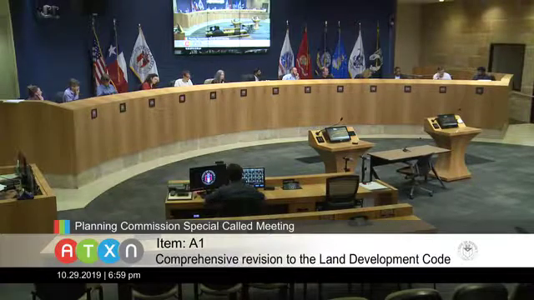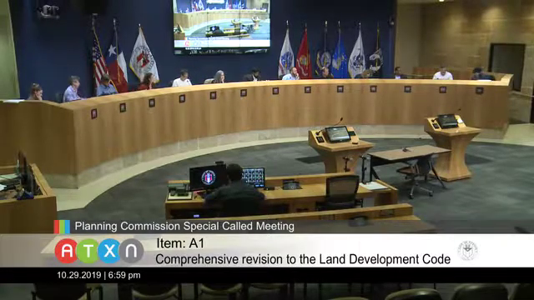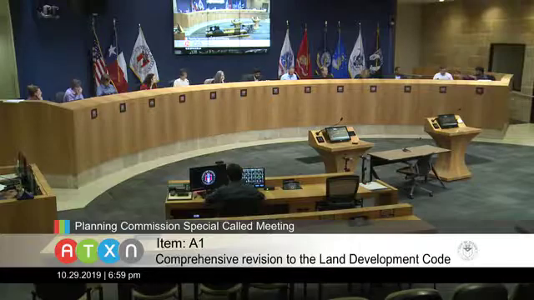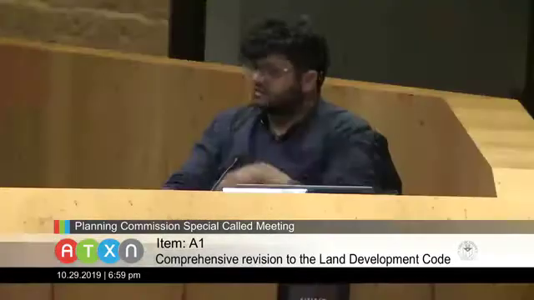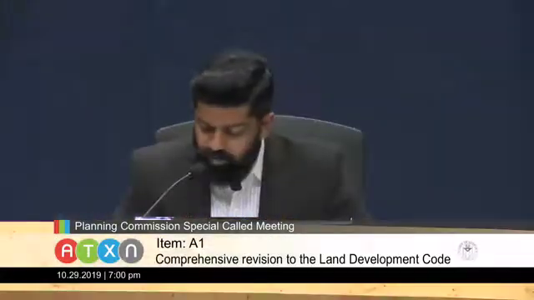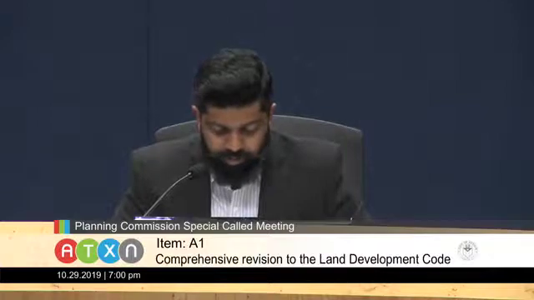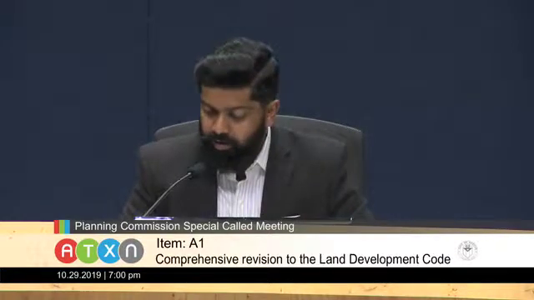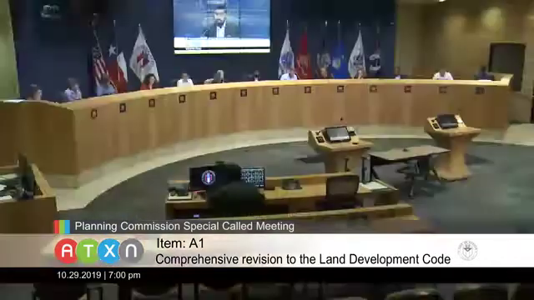Since the substitute was made only for 15, does that mean 14 is gone? No, 14 and 15 are working together. Your substitute, 14 stays as is and you're expanding 15. Okay, just clarifying that. Commissioner Seeger made an amendment to 15. Commissioner Shaw is about to make a substitute to Commissioner Seeger's amendment. Go ahead, Commissioner Shaw.